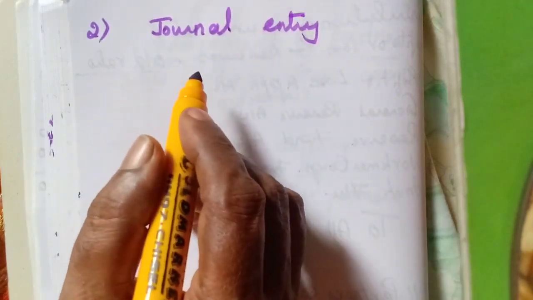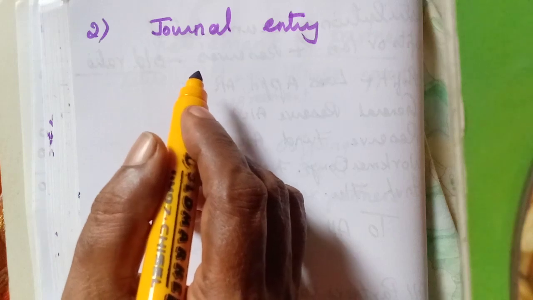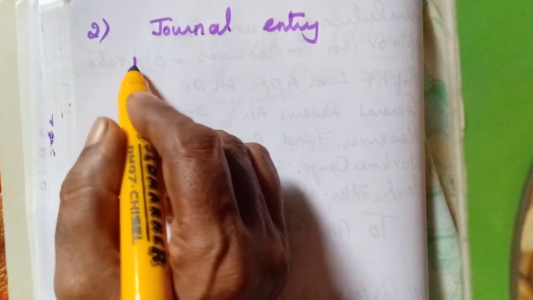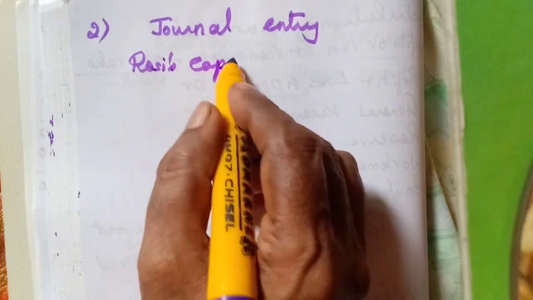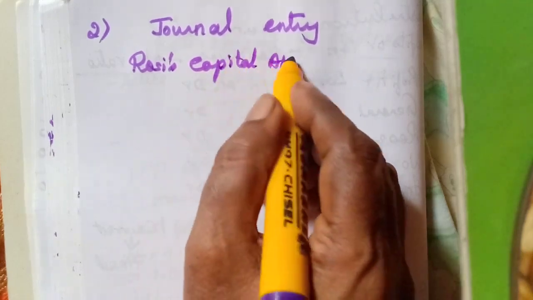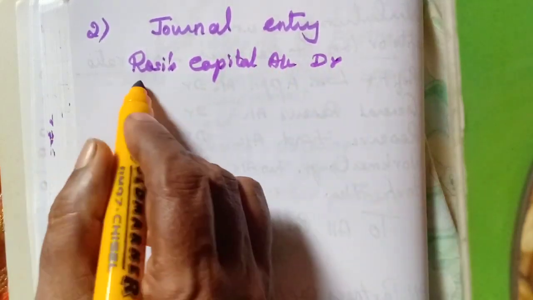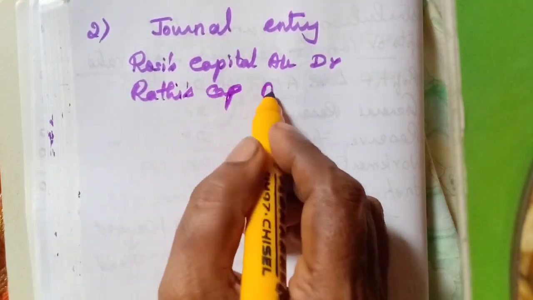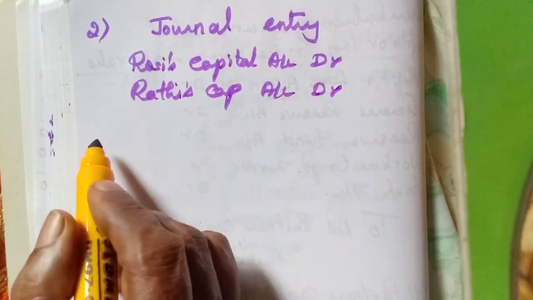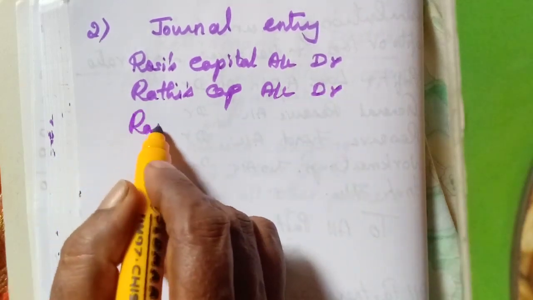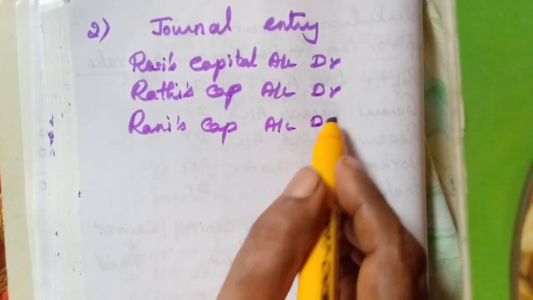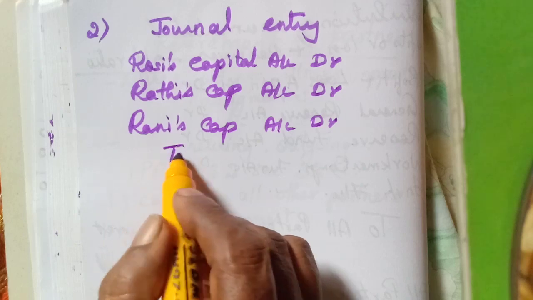Okay, now we have to draw the columns: date, particulars, LF, debit, credit. Okay, then the journal entry: Rosie's capital account debit, Radhi's capital account debit, Rani's capital account debit, to profit and loss account.